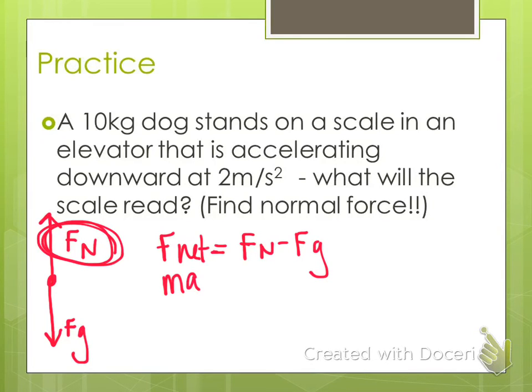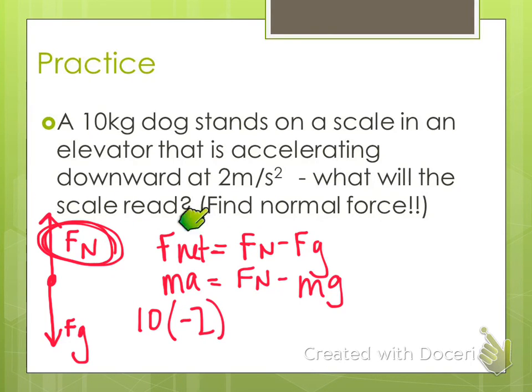Mass times acceleration equals the normal force minus mass times gravity. Our mass is equal to, our acceleration is equal to, what's the acceleration of our elevator? -2. Very good. -2. That is extremely important.